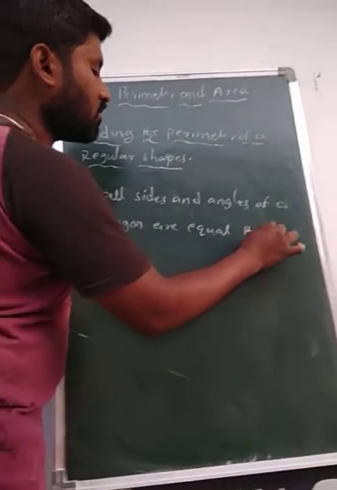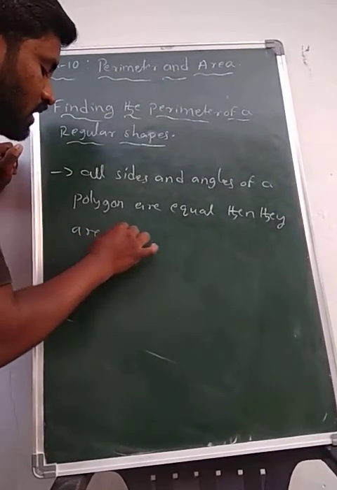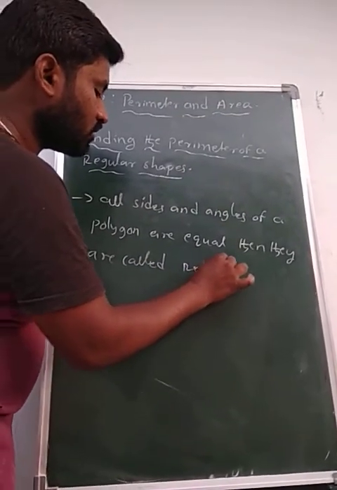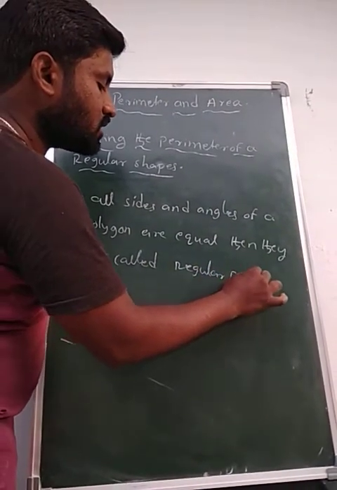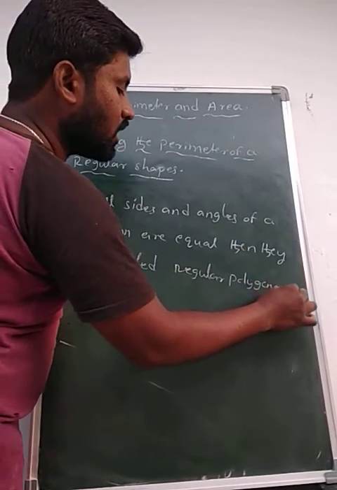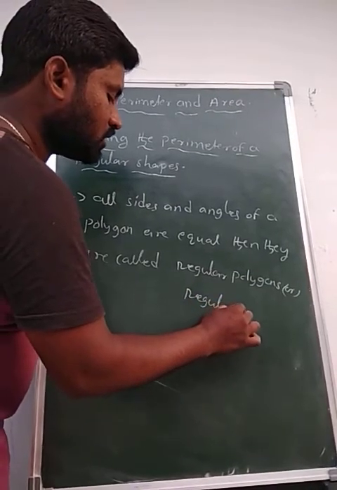Then they are called regular polygons, or we can call them regular shapes.